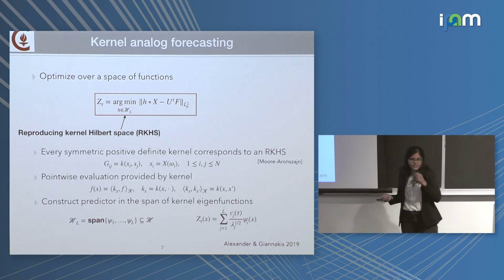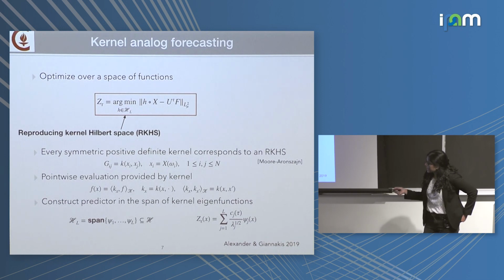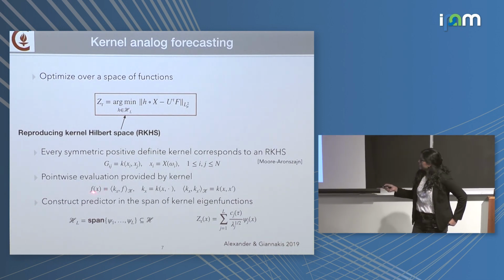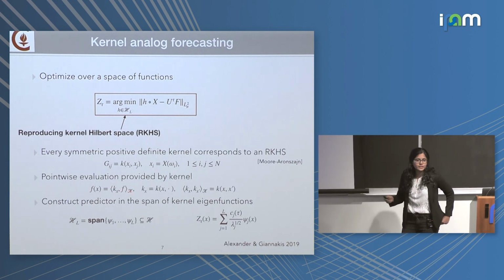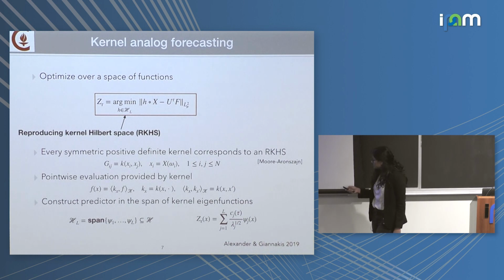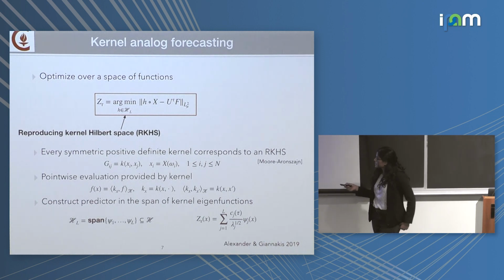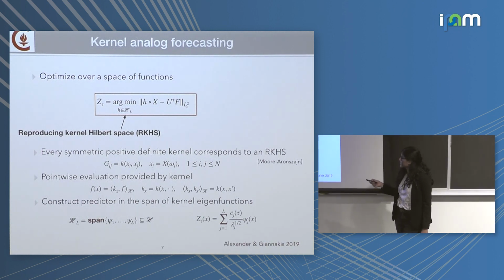So essentially, evaluating a function at a new data point would correspond to an inner product with the kernel section evaluated at that data point. Just to summarize, we would like to construct a predictor in this space, but we would like to construct it in the span of these kernel eigenfunctions.